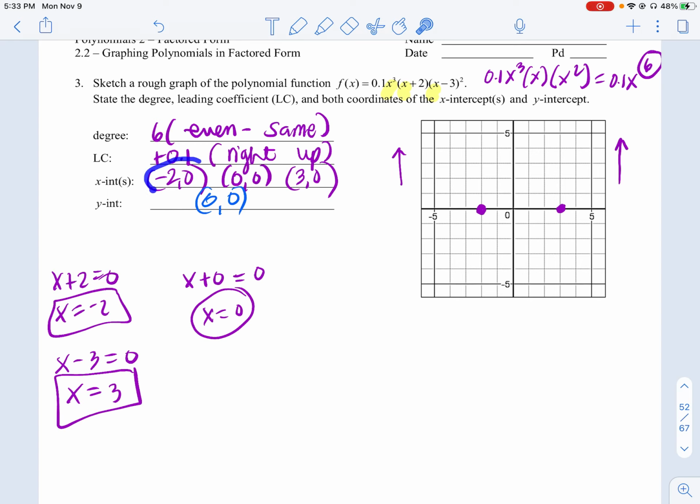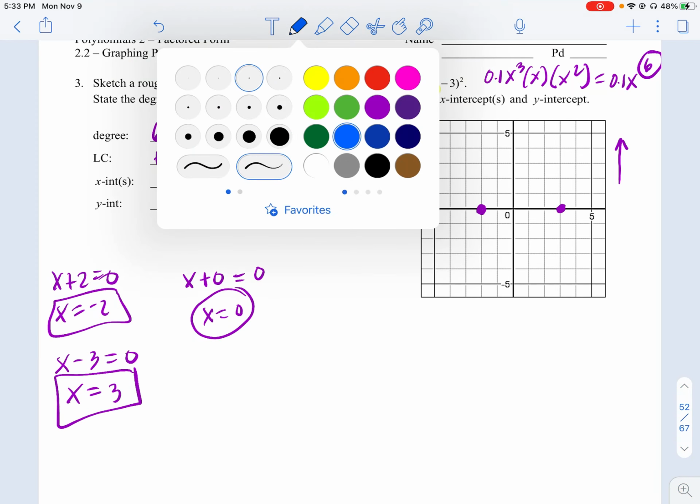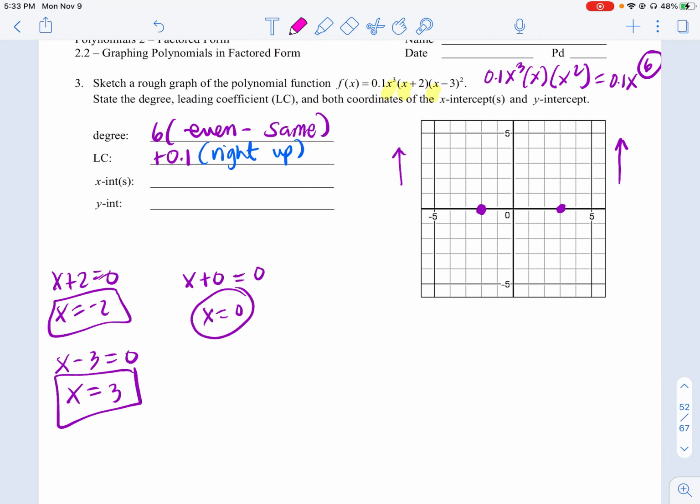Oh, I think we're forgetting to put our note. This one coming from x plus 2 is just a passing through. Let's put that again, and for my x-intercepts, I think we're forgetting the negative 2 comma 0.